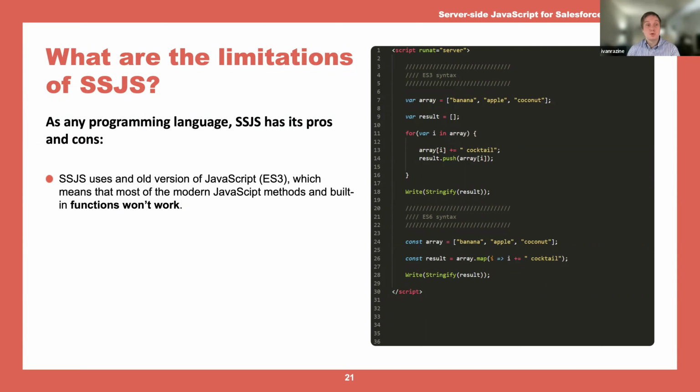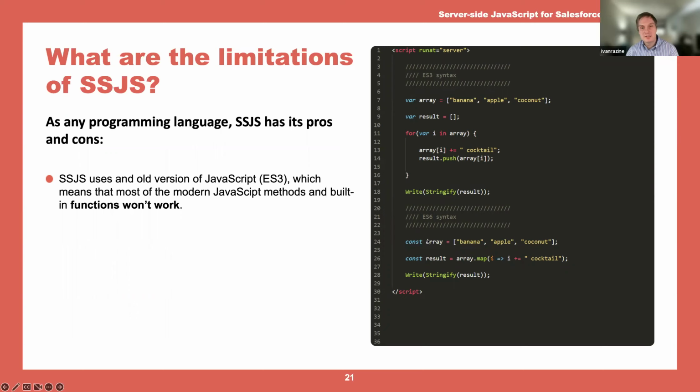That means that most of the methods that you will find online to use in your server-side JavaScript will probably not work. For example, here on the right, you can see the syntax for ECMAScript 3. You have to create a for in loop, go through your data, and then show the results.